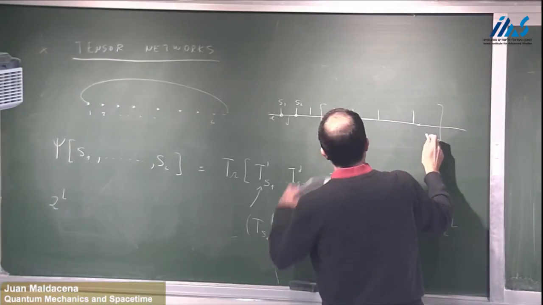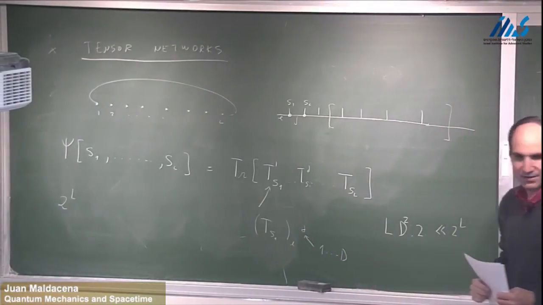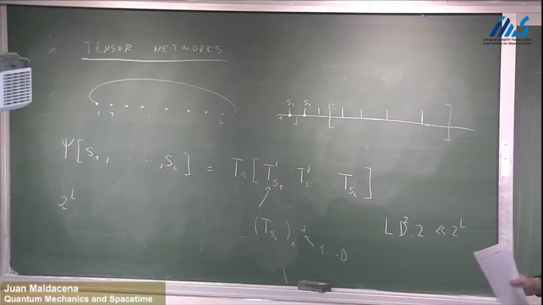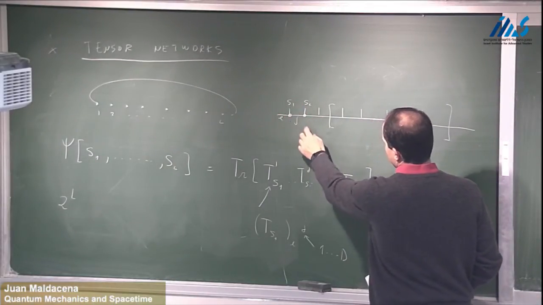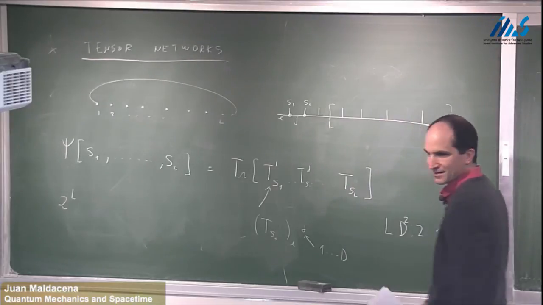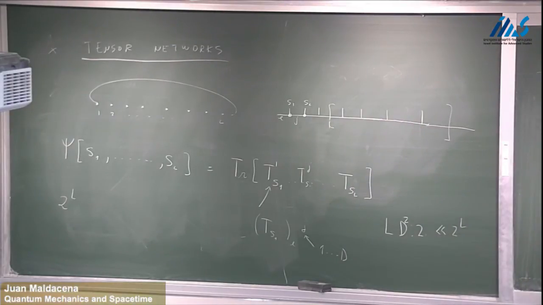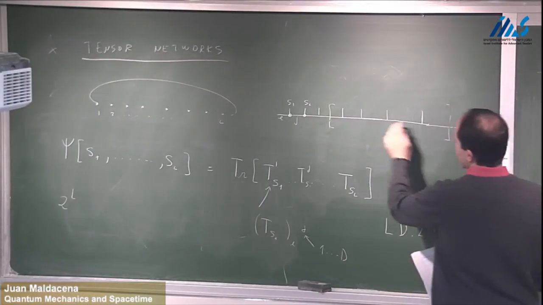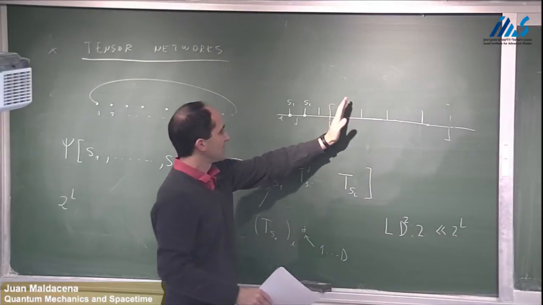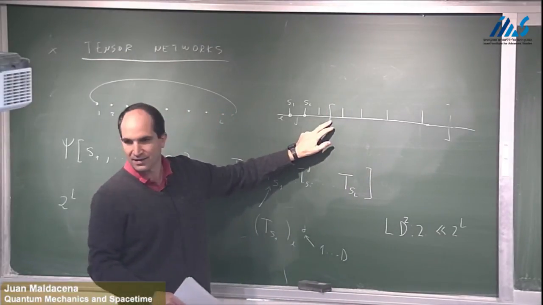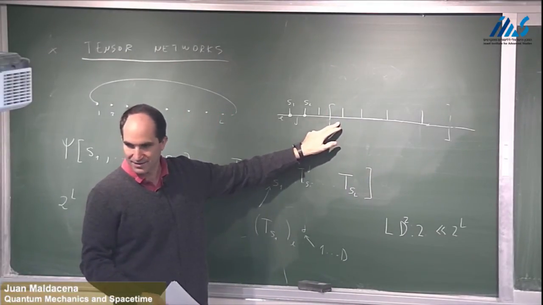From this picture, we can imagine calculating the entanglement entropy. And the only thing that is entangling this to the rest of the system, the rest of the wave function, is the sum over these indices. Okay, so it is then intuitively clear that the entanglement entropy that will come by dividing an infinite system like this into two parts will just be bounded above by the number of indices we have here, right?